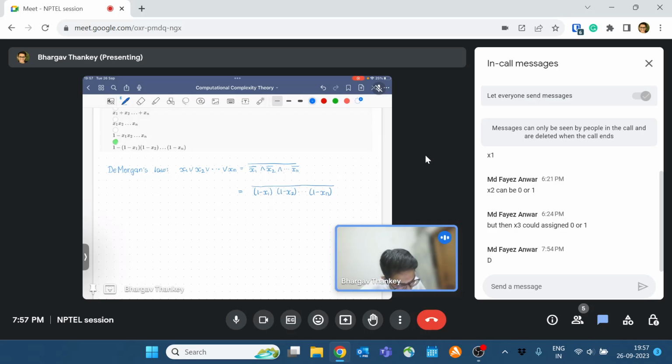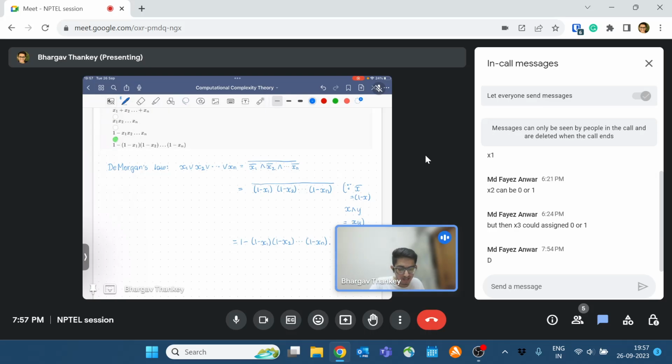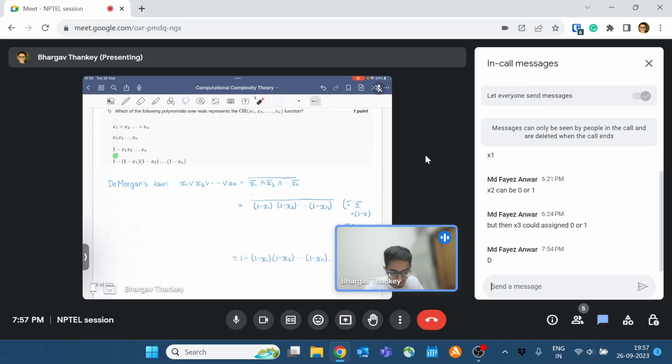So it's 1 minus the product, because not x equals 1 minus x, and x and y equals xy. So this is one way to prove that OR is the same as this polynomial.